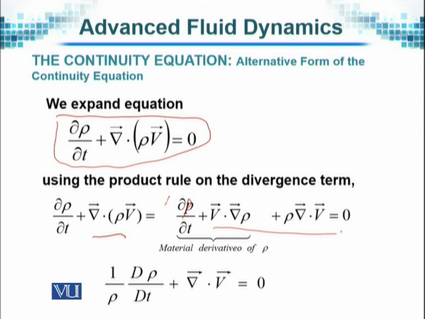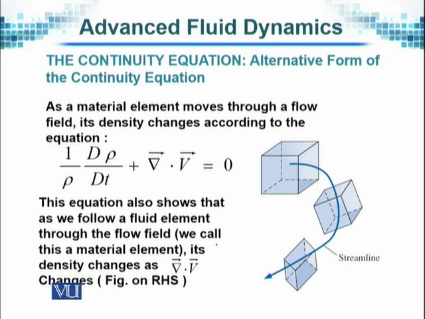But this component in the expanded form is known as the material derivative of rho. Remember, the material derivative is when we take the changes in the flow that are taking place with the flow. As the material element moves through a flow field, its density changes according to the equation.